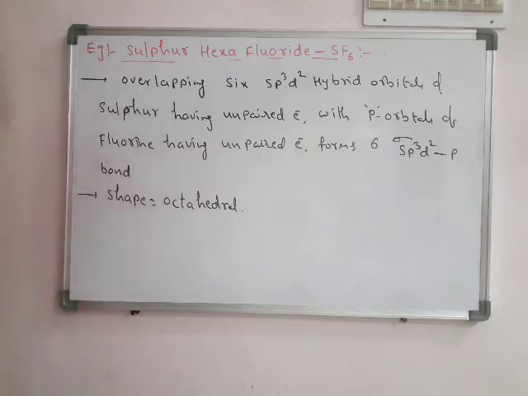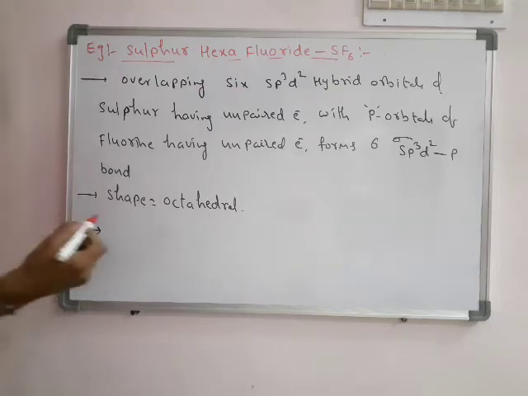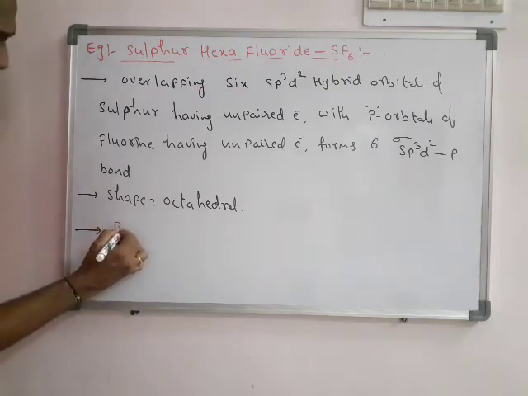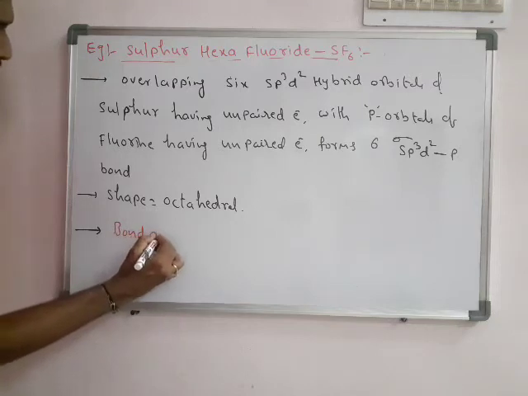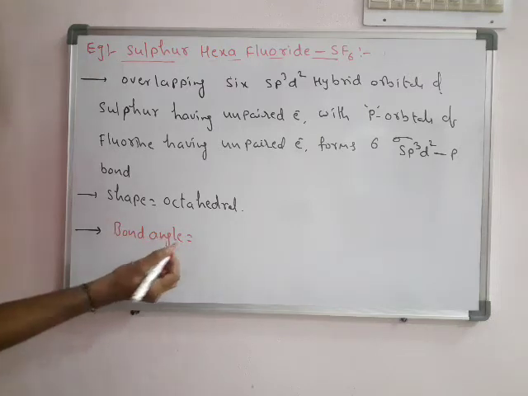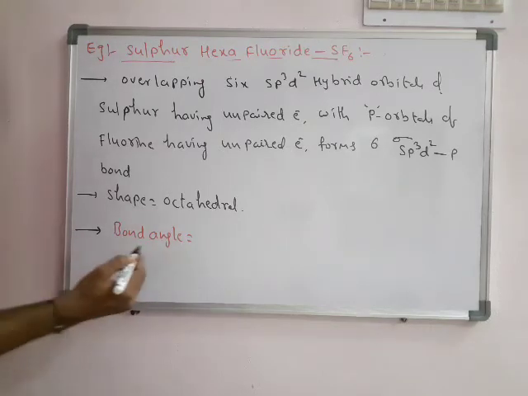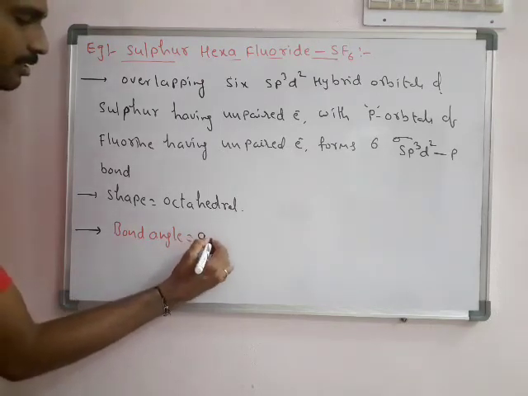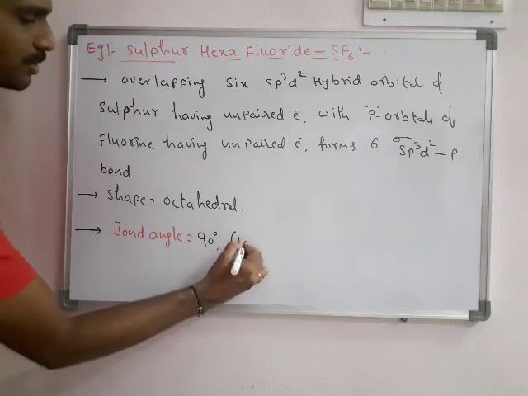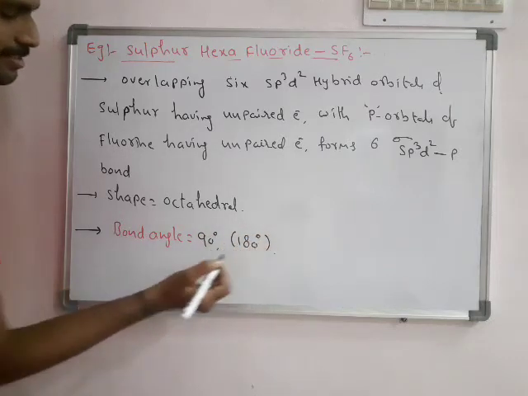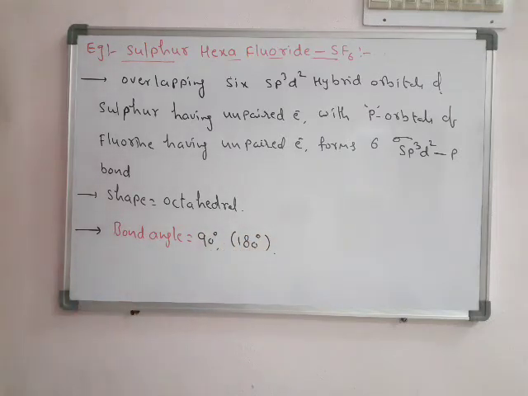Compulsorily octahedral shape. Then what are the bond angles? The adjacent bond angles. For octahedral, the bond angle is 90 degrees, and there is also the possibility of 180 degrees. It perfectly works in SF6.